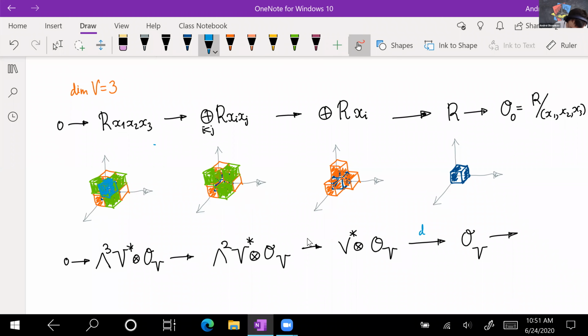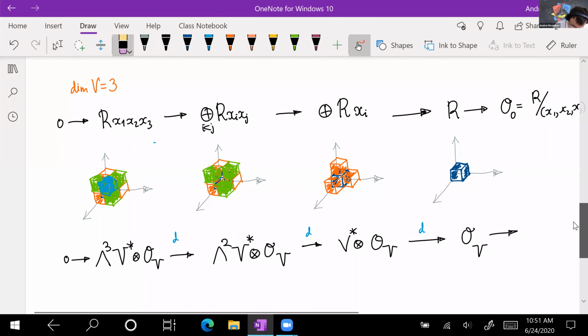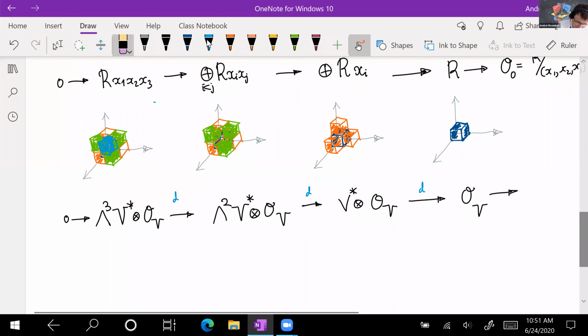So we have some differential d. And how are we going to write that differential? To write it in a manifestly equivariant way, I do it like this.